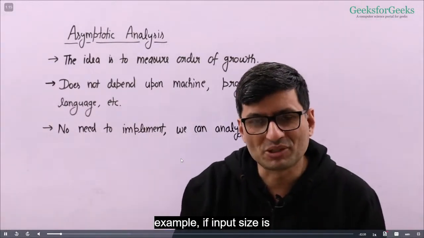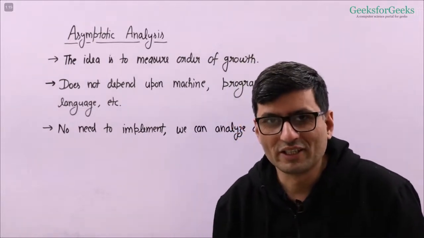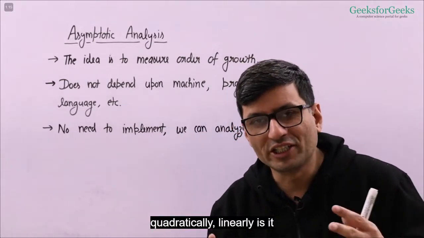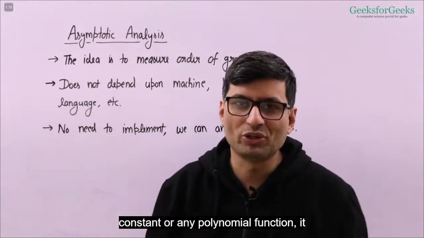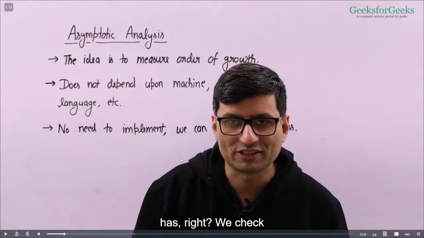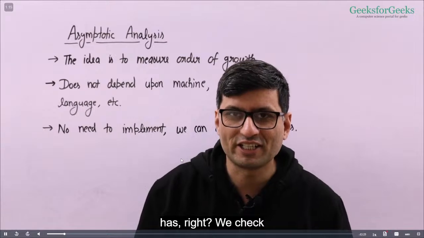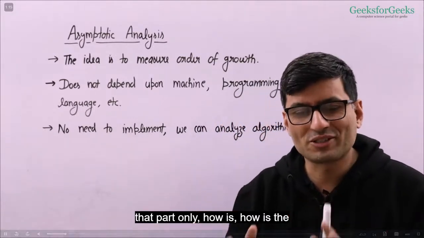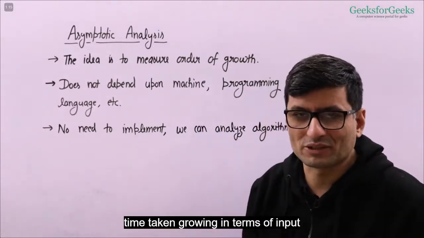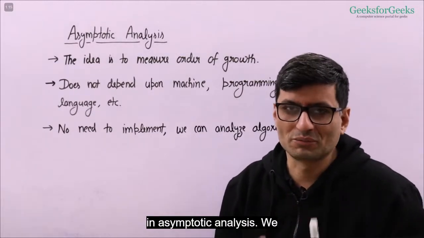For example, if input size is n or input value is n, does your program grow quadratically, linearly, is it constant, or any polynomial function it has? We check that part only. How is the time taken growing in terms of input size? That's what we measure in asymptotic analysis.